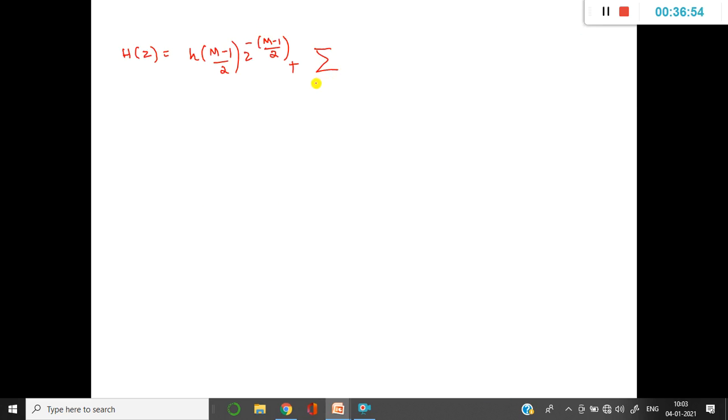The first summation is n runs from 0 to m minus 3 by 2 of h of n z raised to minus n, plus, here I am changing my n value, h of m minus 1 minus n z raised to minus m minus 1 minus n, and again the summation changes from 0 to m minus 3 by 2.